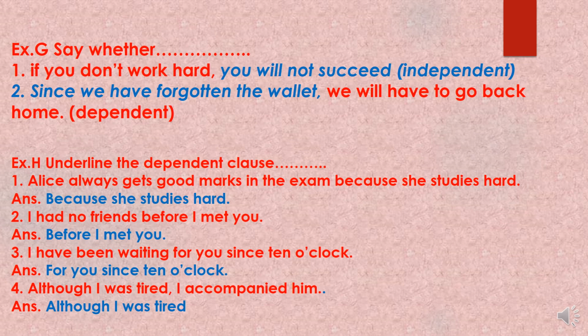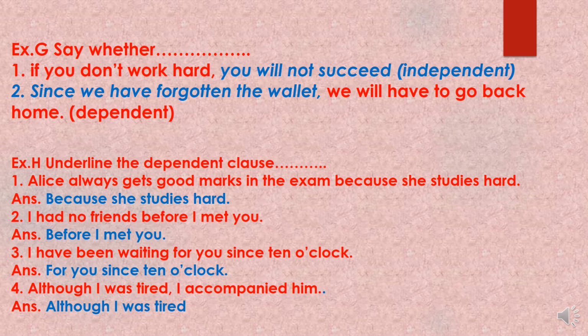Now see the exercise H. Underline the dependent clauses in these sentences. See, I have done four for you. Alice always gets good marks in the exam because she studies hard. So what is the dependent clause in this sentence? You have to underline "because she studies hard."